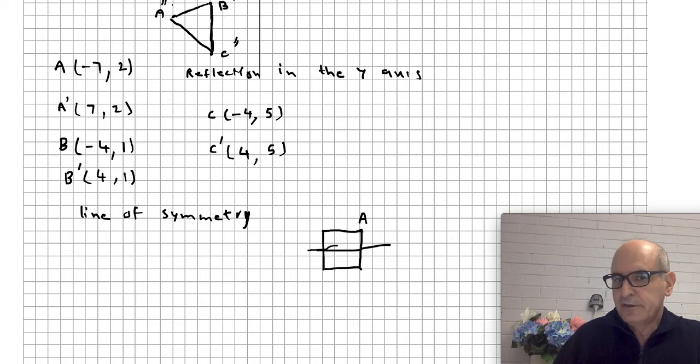All right, so if it is A, that becomes A dash. That's one line of symmetry. There are four lines of symmetry here, so that's another one. If I find the reflection of A in this line, which is the line of symmetry, it will fall here. So it falls on the shape itself.